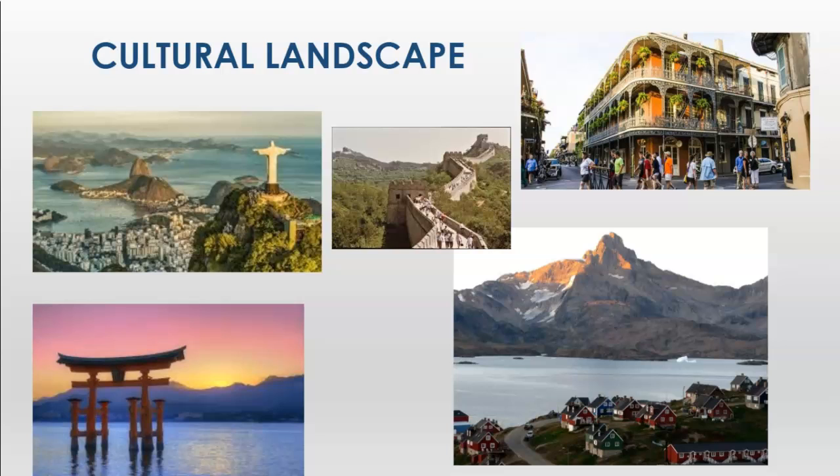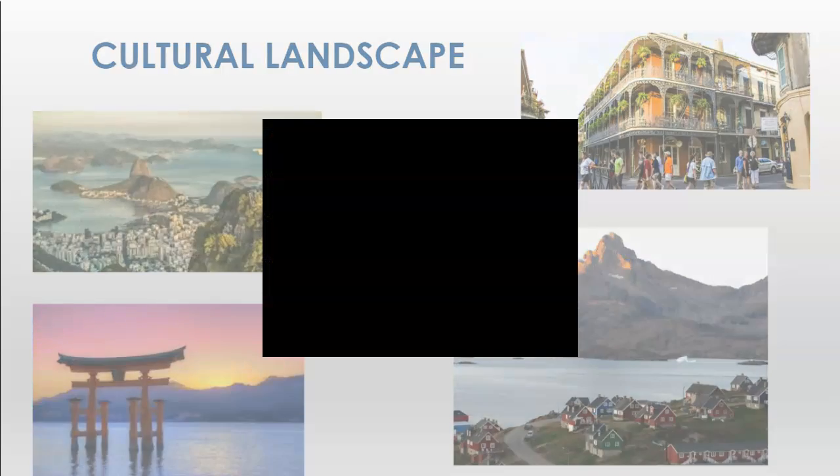Okay, and so you have these very unique landscapes around the globe, and these are what define these regions, right? When we think of these different regions, we think of these types of cultural markers, right? These cultural traits, these landscapes. All right, so we'll be studying this idea of the cultural landscape much further.